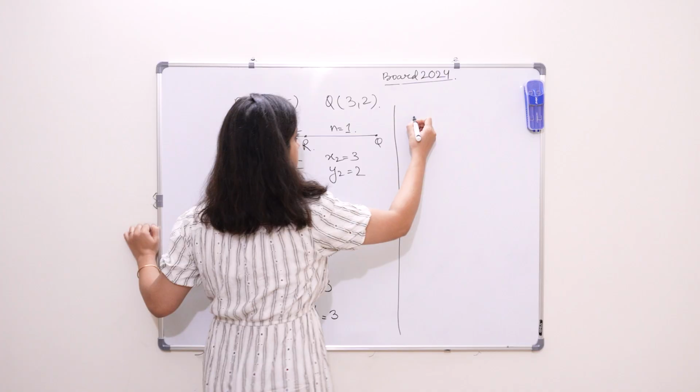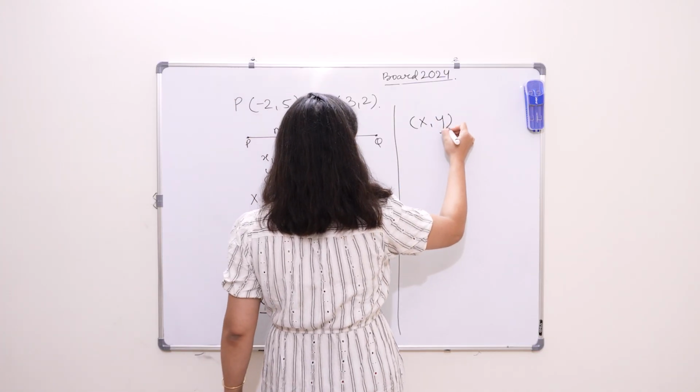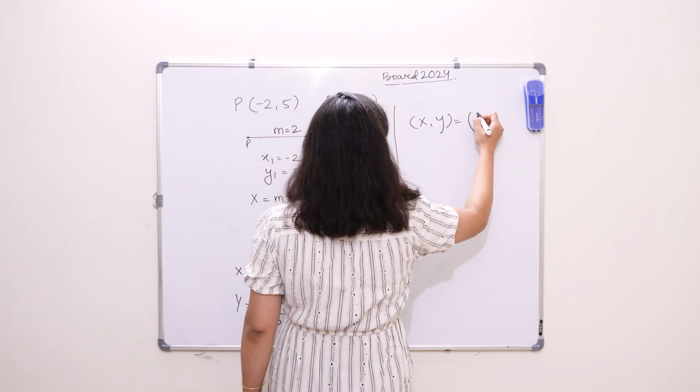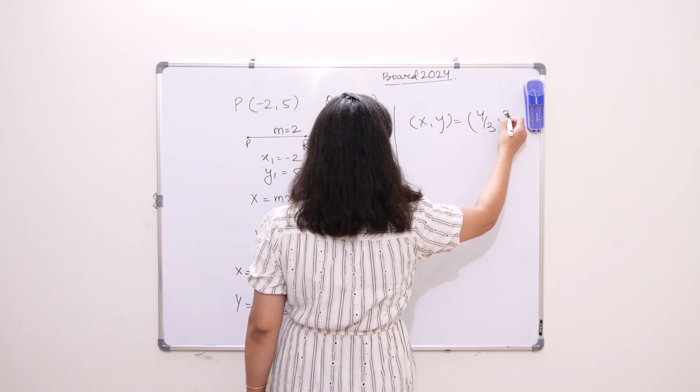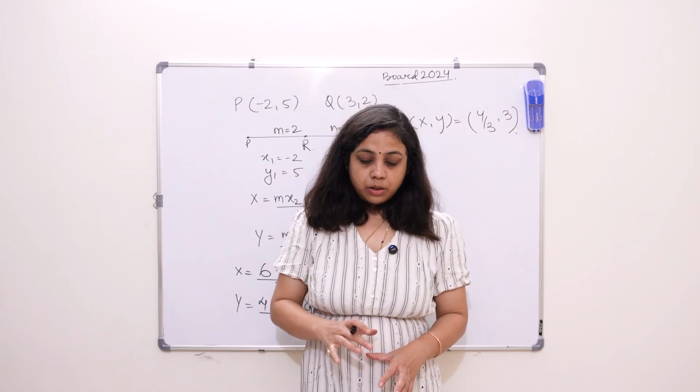So basically x y का जो coordinate है x comma y will be equals to 4 by 3 comma 3.